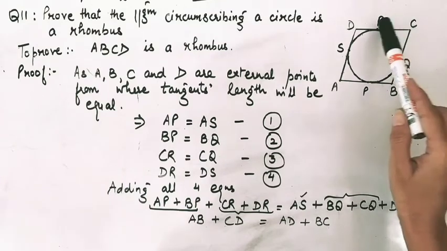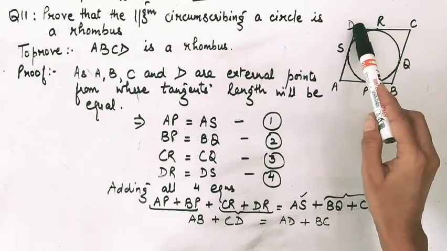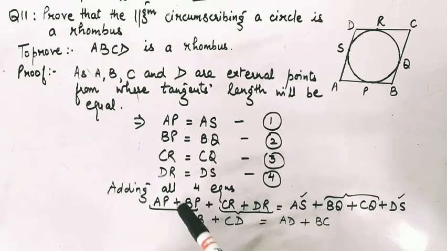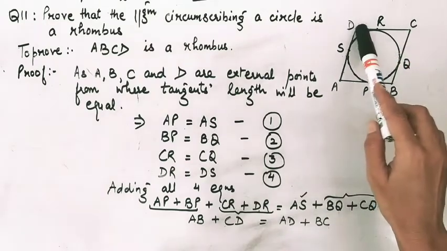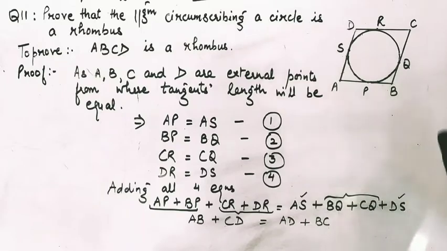From C, CR is equal to CQ, and same way from D, DR and DS are equal. That's what we did. And then adding all equations, the result is AB plus CD, the sum of AB and CD is equal to the sum of the other pair of sides.